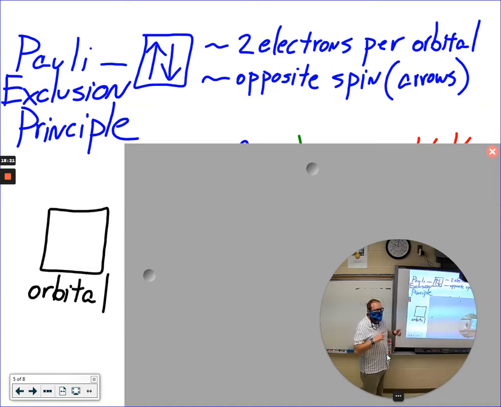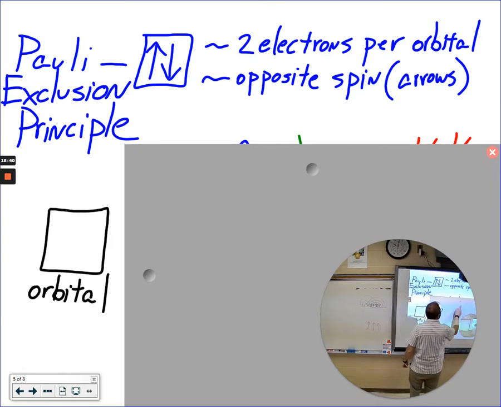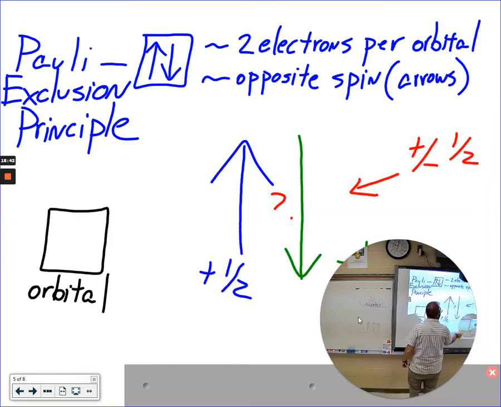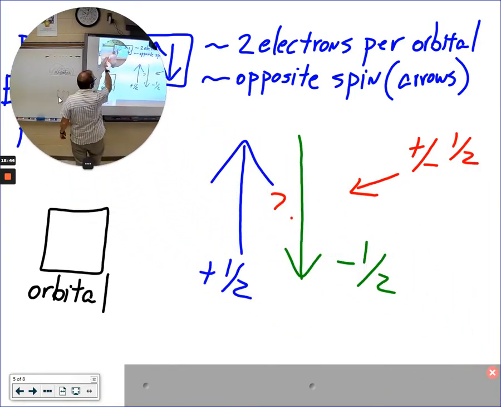And that has to do with the direction that they're going. But because of Heisenberg, we don't know what direction they're going. We can't be certain. So when you examine the spin on these electrons, we say that one of them has a spin of plus 1/2 and one has a spin of minus 1/2.